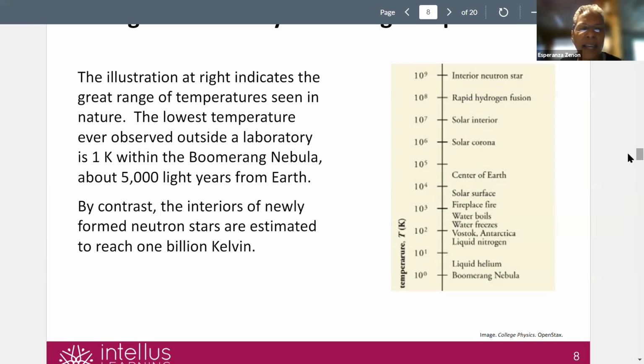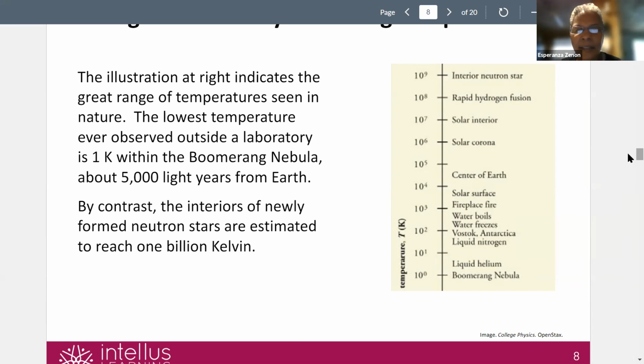Light years is actually a distance and not a time. So they're telling you how far away the Boomerang Nebula is. And they've observed through some real fancy laboratory techniques that lowest temperature, 1 Kelvin.